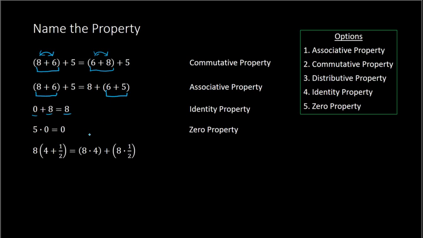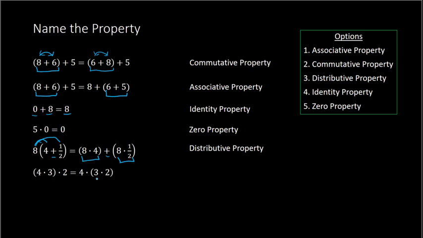This one would be our distributive property. So we do 8 times 4, that's what we have right here, plus 8 times 1/2, which is what we have right here. We are sharing or distributing the 8 to both terms, so that is our distributive property.